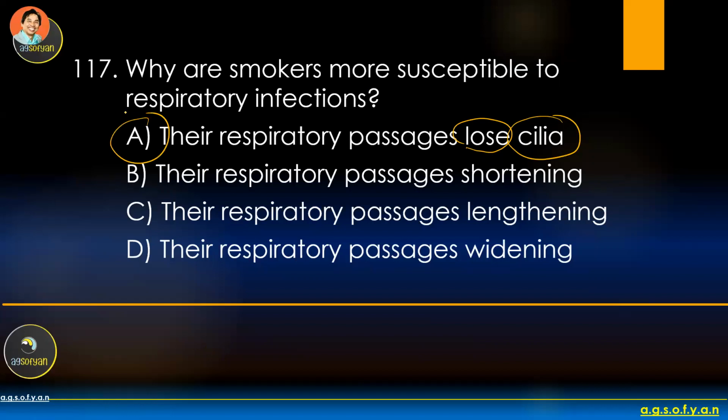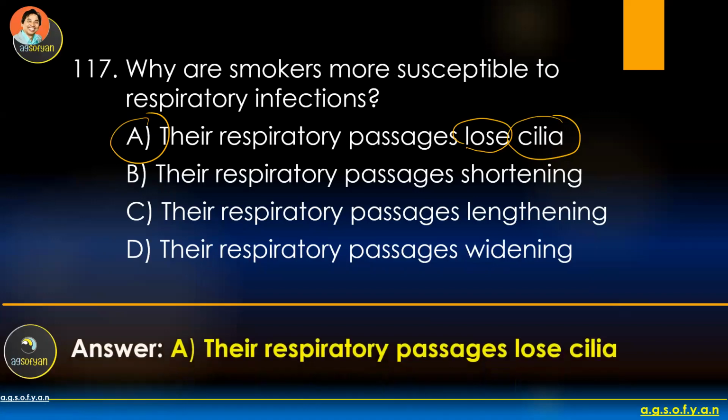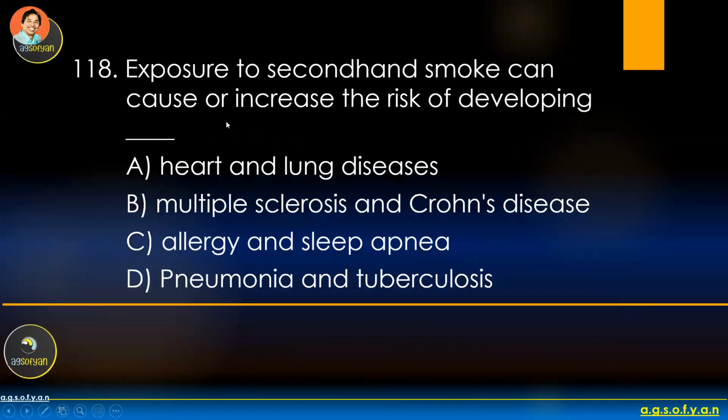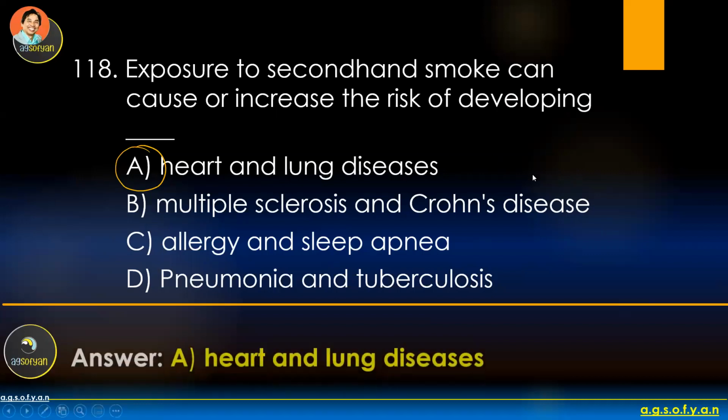Exposure to secondhand smoke can increase the risk of developing A, B, C, or D. It means that he is not a smoker, but his family may be, so he gets exposure as secondhand smoke, and the heart and lung disease risk will be increased.